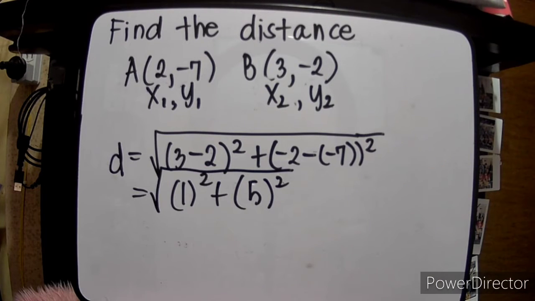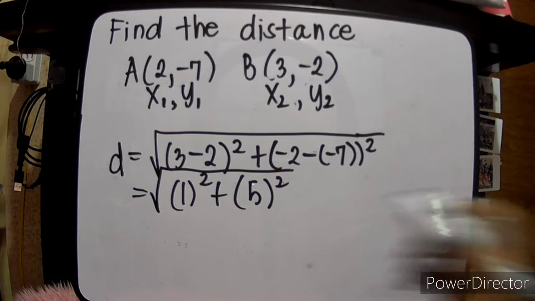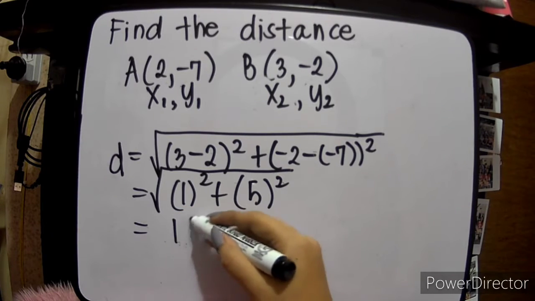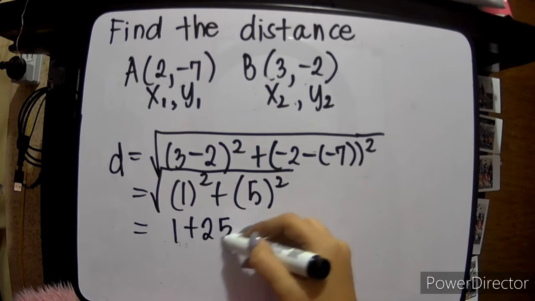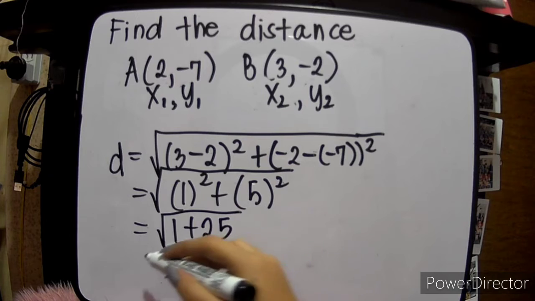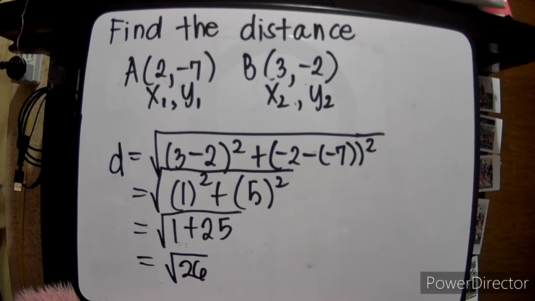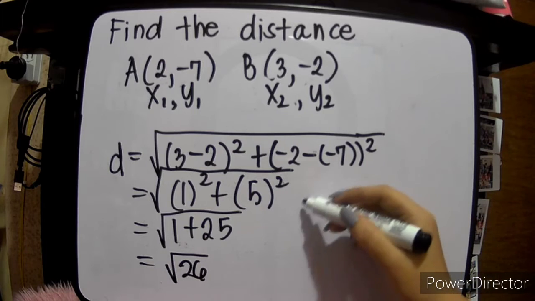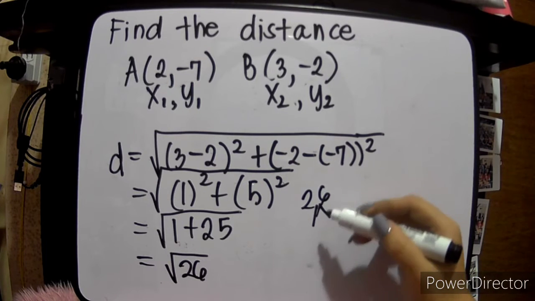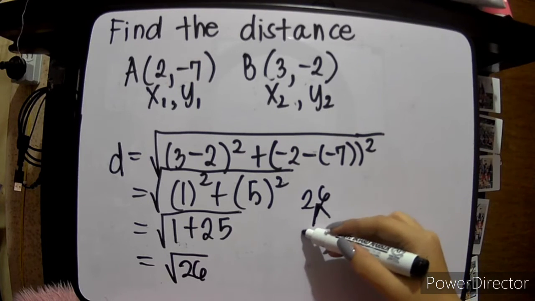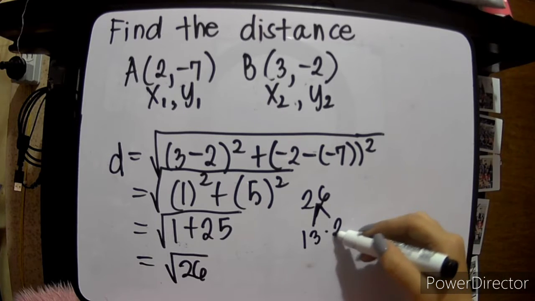And then don't forget the square root kasi lagi po sa distance ay may square root. Okay. And then this will be 1 plus 25. And then this is square root of 26. 26 has only factor other than 1 and itself, which is 13 times 2.